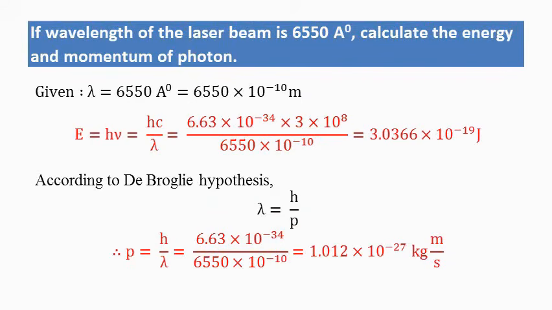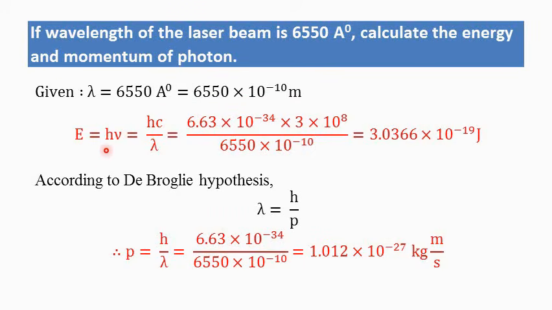This is the last one in this session. If the wavelength of a laser beam is 6550 angstroms, calculate the energy and momentum of the photon. In this problem, the wavelength is given as 6550 angstroms, which we can write in meters as 6550 into 10 to the power minus 10 meters.